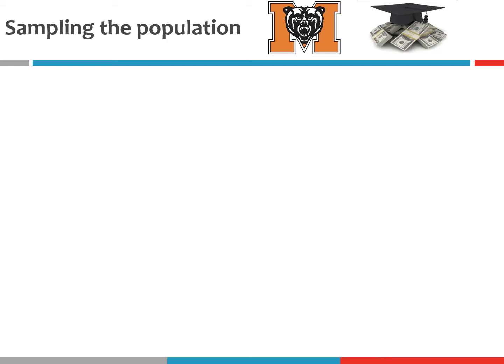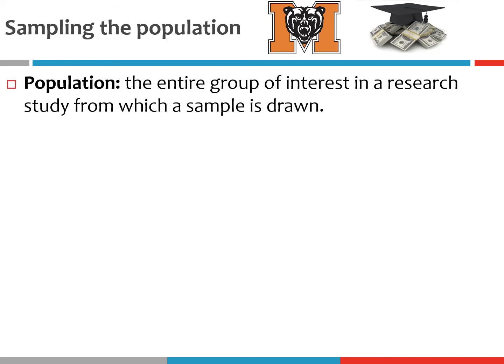And if you were able to gather responses from every single person on Mercer's campus, then you have measured the population. Right? So the population is the entire group of interest in a research study from which a sample is drawn, right? So if you're interested in Mercer students' attitude about a tuition increase and you spoke with every single student on campus, then you have measured the population, right?